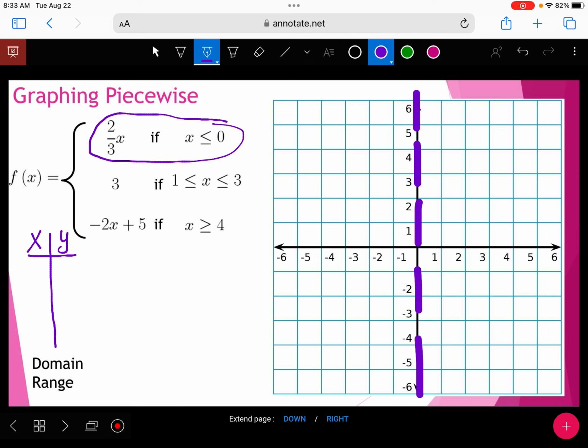What x values are we going to use? -1 is definitely less than or equal to 0. What's another one I can use? -2. We should also use 0, the one right at our barrier.